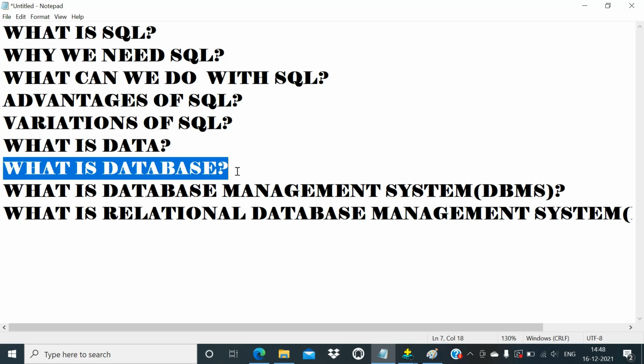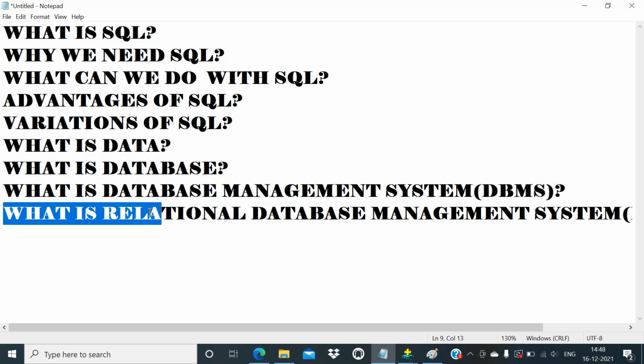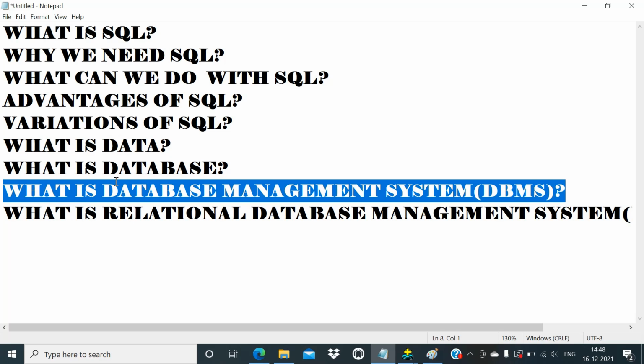This is about database. And coming to database management system, both are covered here only. So we need a software to maintain and manage database, that is known as database management system. Here we use query language, so both are covered here itself.